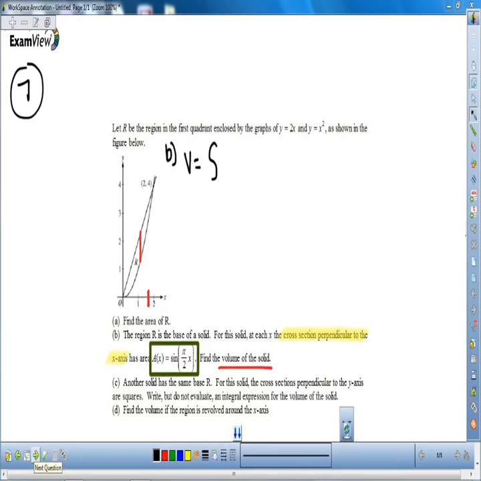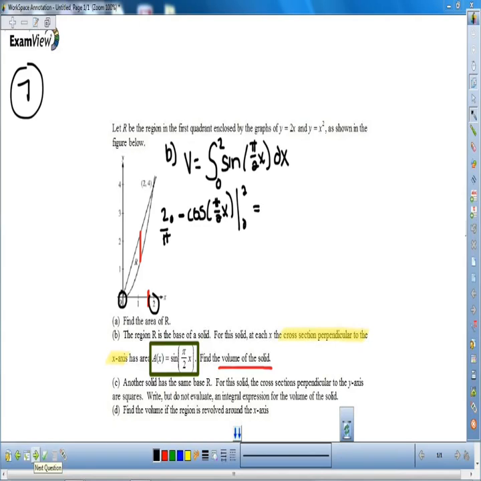So my volume is going to be the area of the cross-section times the small change in x, and I'm going from 0 to 2. If I take the antiderivative of sine, that's going to give me negative cosine, divided by the derivative of the inside.